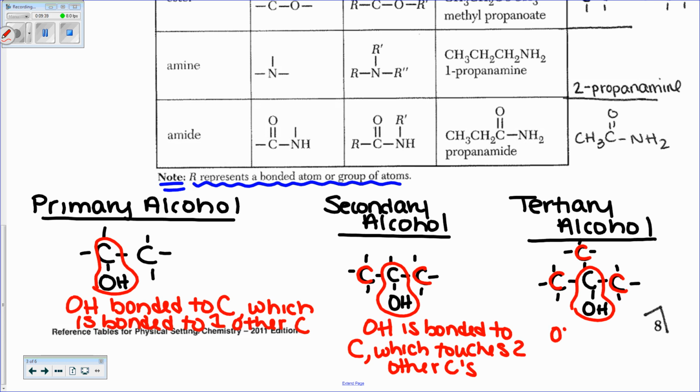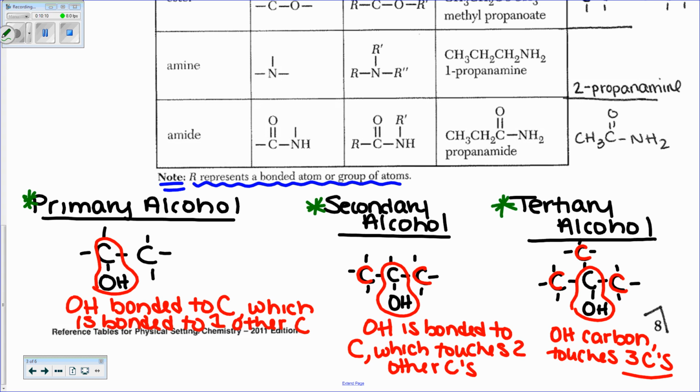So the OH carbon touches 3 C's. That's why it's called tertiary, because it touches 3 other C's. Not that the OH touches 3 C's, just that the carbon that has it touches 3 C's. They really like these, so you really want to know primary, secondary, and tertiary alcohols.